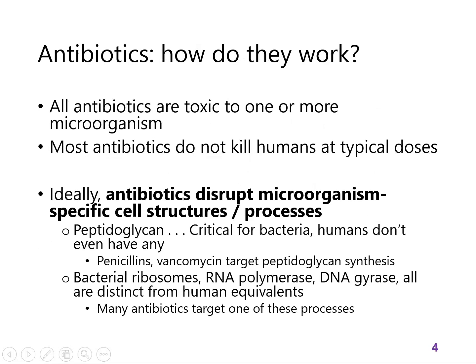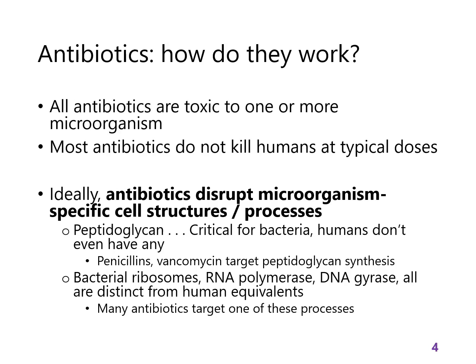So how do antibiotics work? Well, generally they disrupt biological processes that go on inside microorganisms. They're going to disrupt the metabolism of bacteria. They're going to disrupt the cell walls of fungi. They're going to disrupt the cell walls of bacteria.